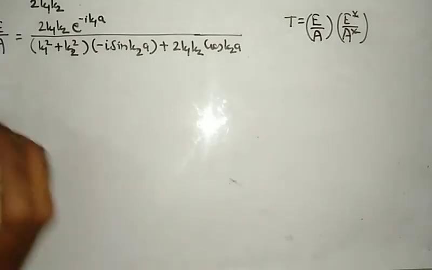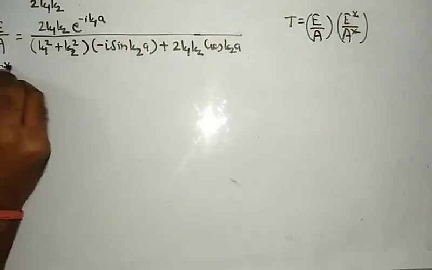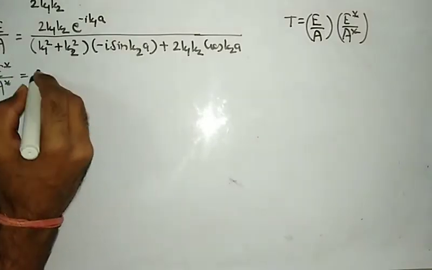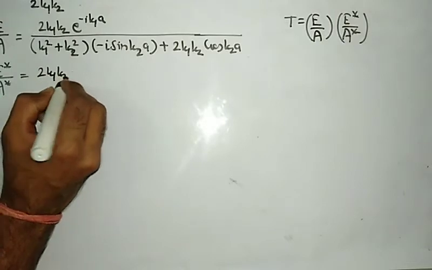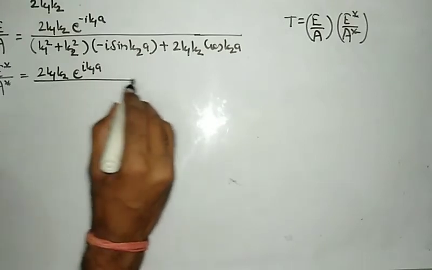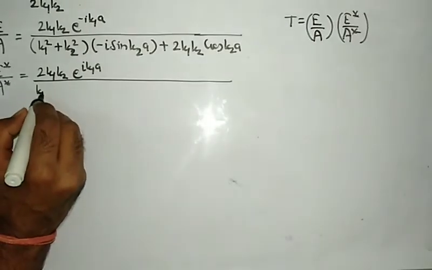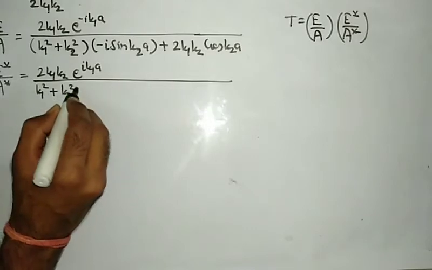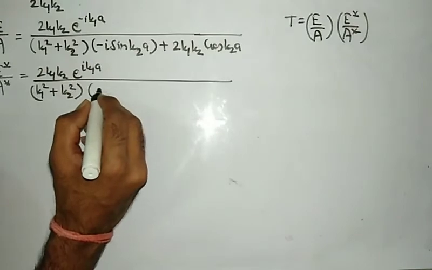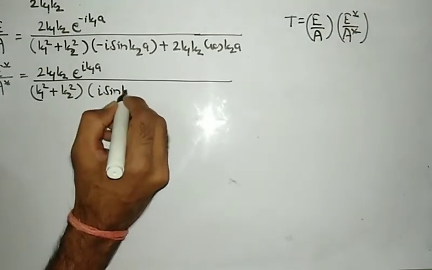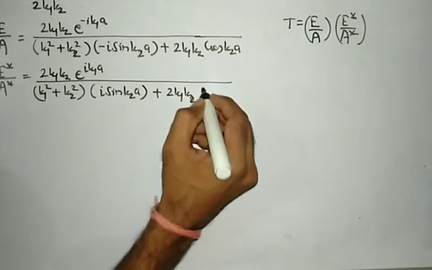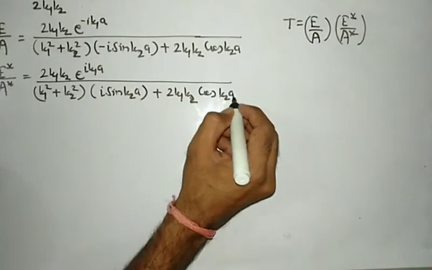Okay, so finding e star by a star, its complex conjugate. Here is i, this will become minus, so we get 2 k1 k2 e to the power i k1 a upon k1 square plus k2 square, where i becomes minus, so plus i sin k2 a plus 2 k1 k2 cos k2 a.